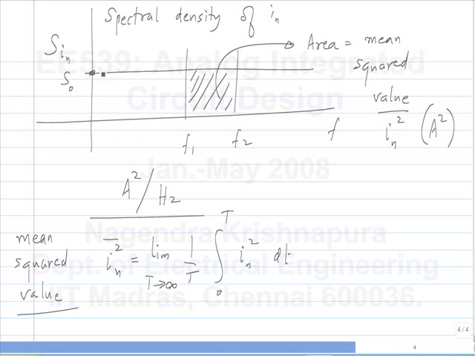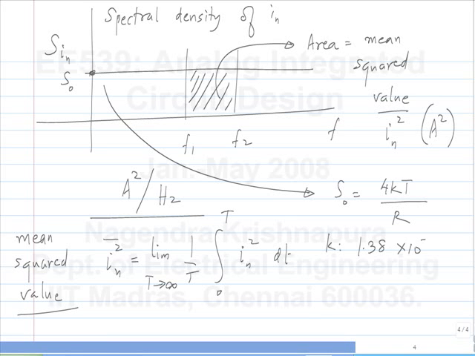And what is the value of this? It turns out that in case of a resistor, this value of S0 is 4kT divided by R, where k is Boltzmann's constant and T is the absolute temperature.